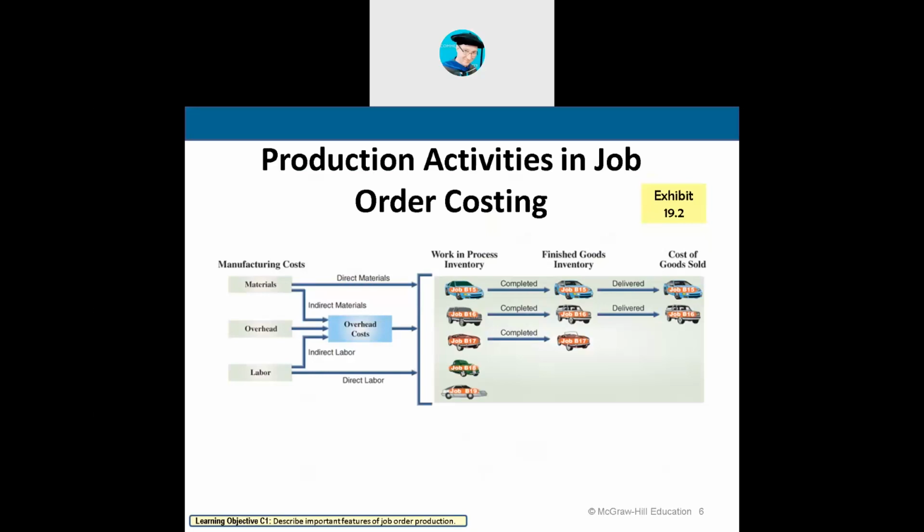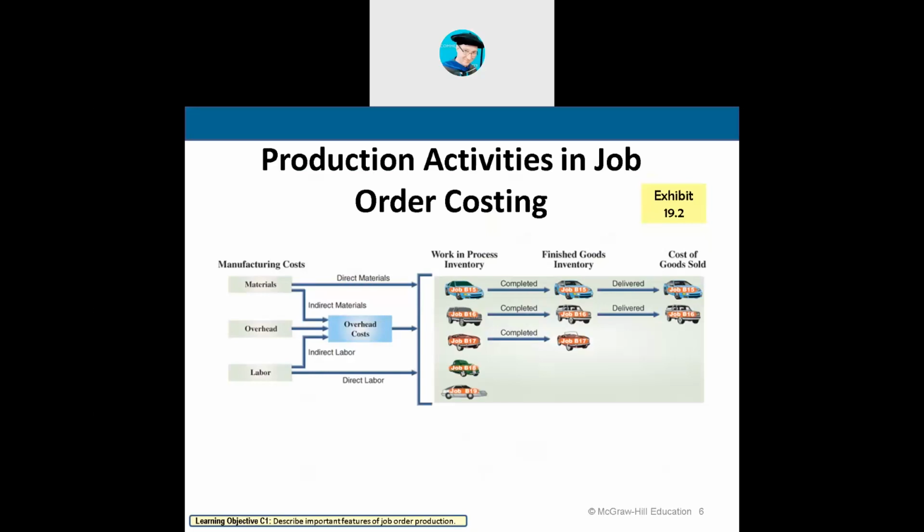I want you to think about the physical flow of manufacturing. Everything starts as raw materials. It gets pulled into work in process when I start to build the car on the assembly line. In work in process, there's individual stages or departments that the car goes through. It starts in fabrication. I'm building the frame of the car. The next department might be doors, hood, and components.